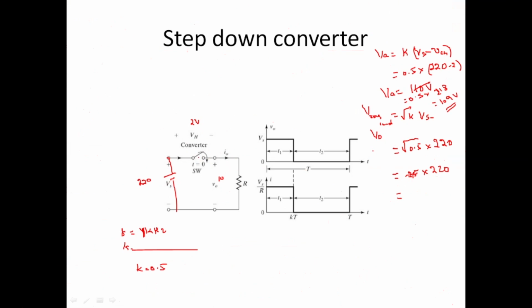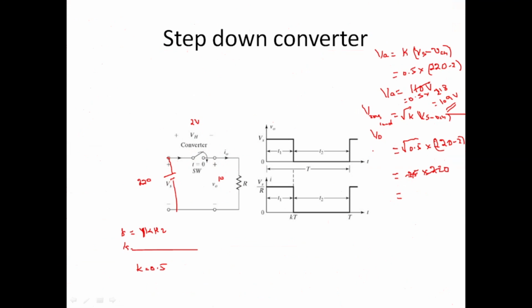Then again for the RMS of the load, if you assume 0 drop, then it is root of K into Vs. But here Vs won't come, Vs minus 2 comes. So in a common formula for a lossy chopper we should write root of K into (Vs minus V chopper). If you consider the chopper loss, then I should write 220 minus 2.